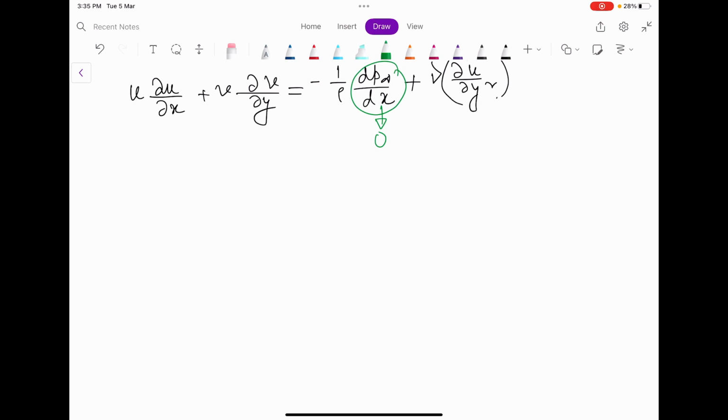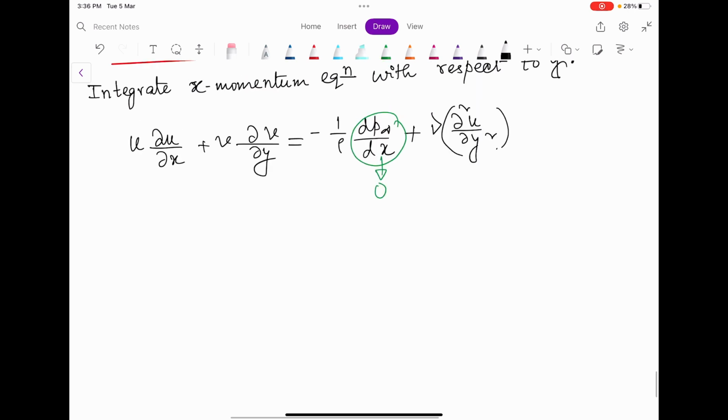If the plate is even not flat, then what you will do? So that will take some time, but let me do that. So here I will be integrating this whole equation with respect to y, 0 to delta, within the boundary layer.